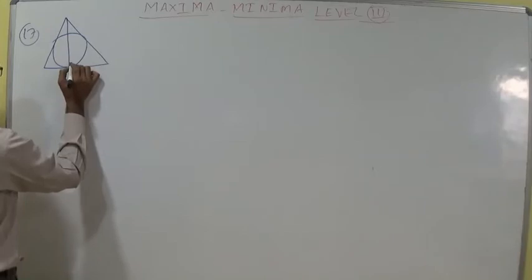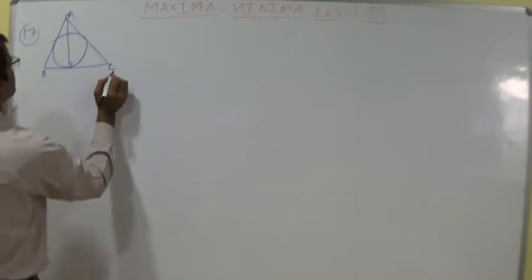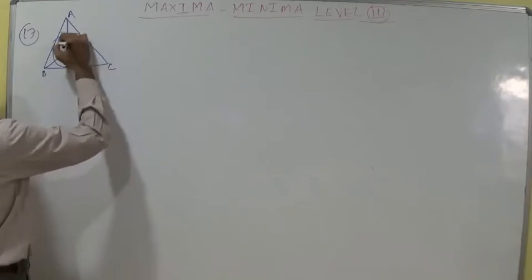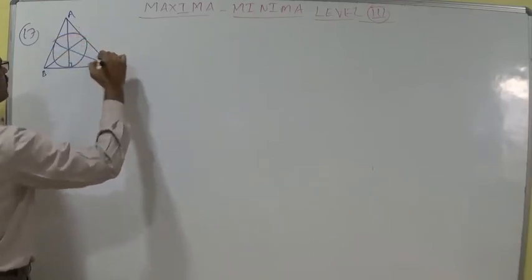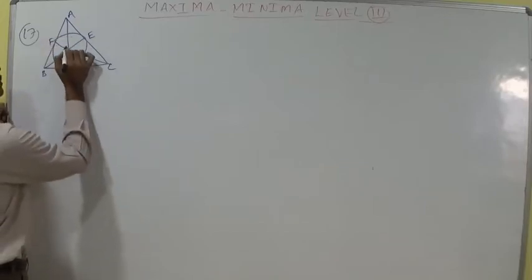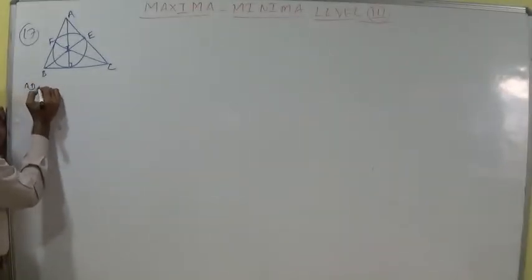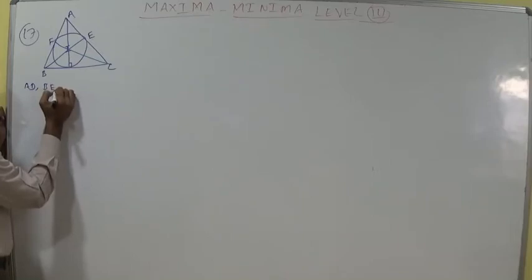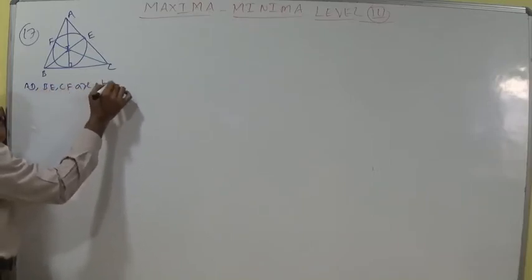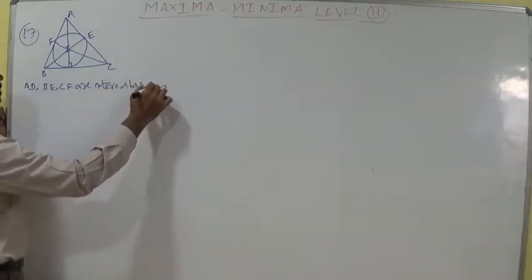Let us draw the diagram like this. This is A, this is B, this is C. A, B, C we have drawn. In the similar way, this is E, this is F. This is the circle. AD, BE, CF are internal bisectors or angular bisectors.